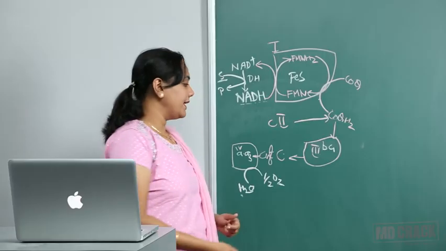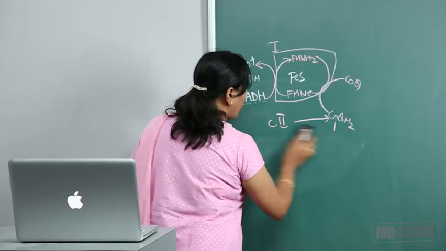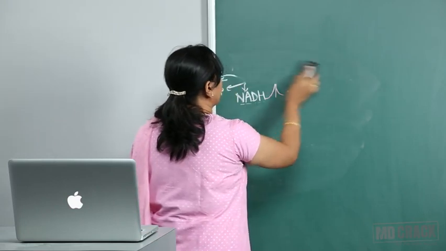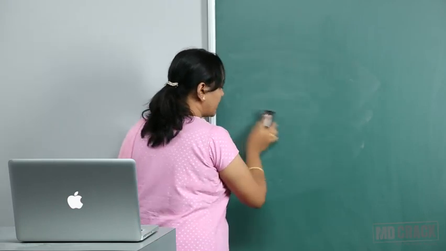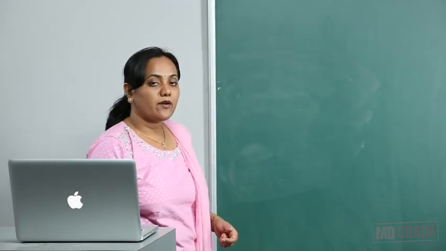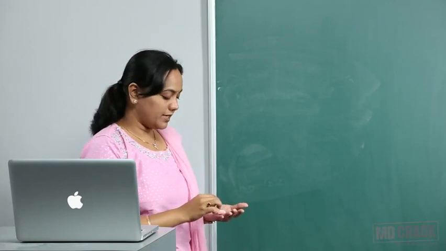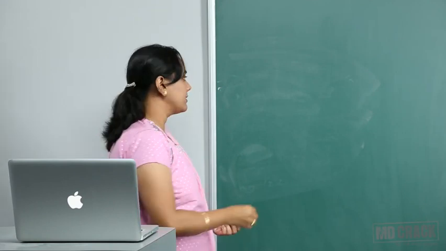So let us look at it. Before we go further with the chemiosmotic theory, let us look at one more complex, known as complex 5, which is the site for ATP synthesis. This is also called FOF1 ATPase. Let me show you how it looks. A bit about FOF1 ATPase, the site for ATP synthesis.